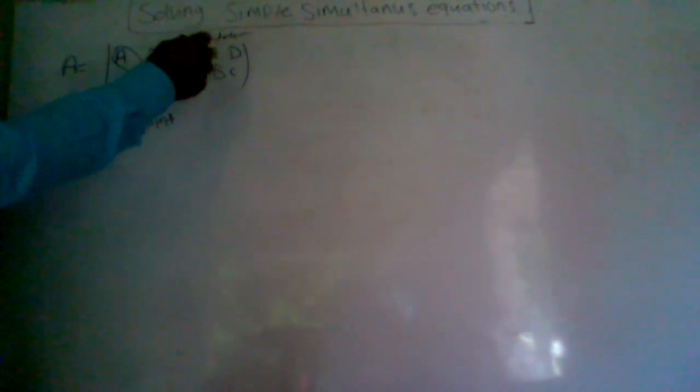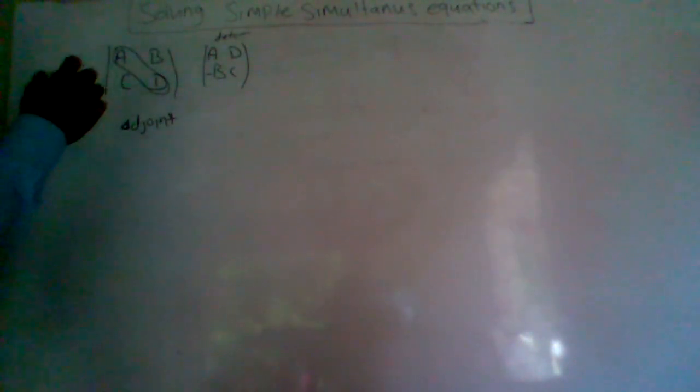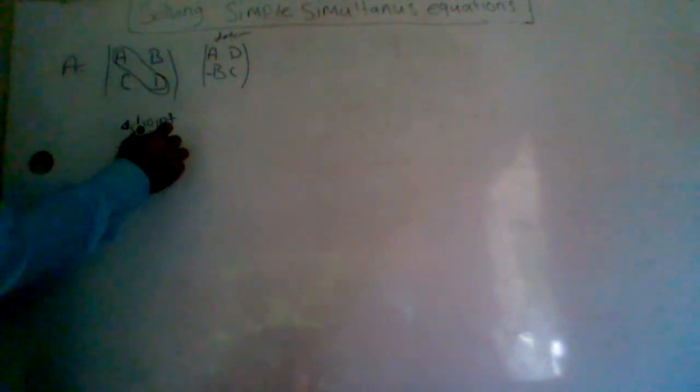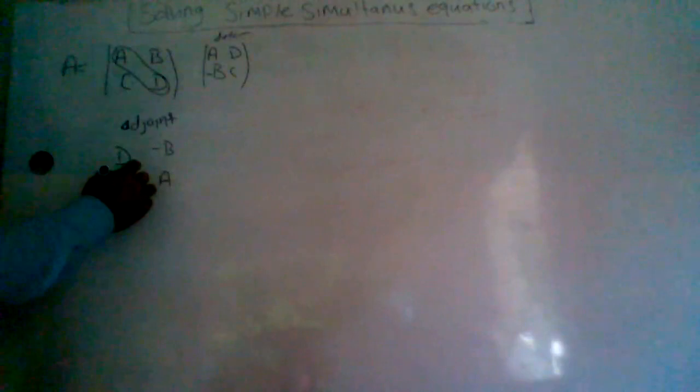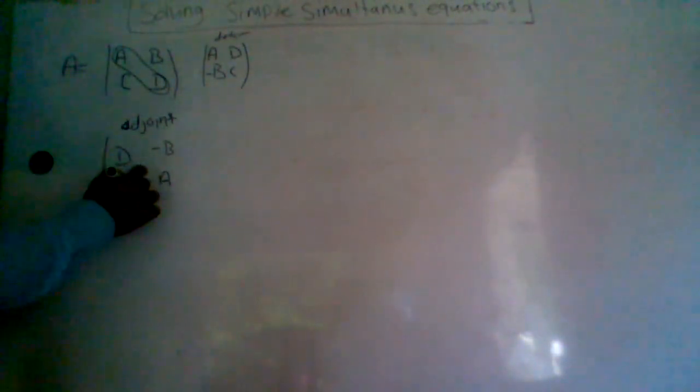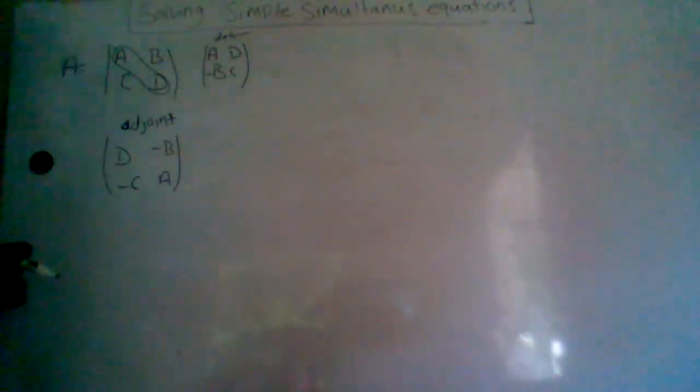Leading diagonal minus non-leading diagonal will be equal to determinant. But the adjoint now, you interchange the leading diagonal. Now you'll have D A, and you'll negate the non-leading diagonal. So you have minus B and minus C. Minus C, not minus 3. Minus C. So that will be the adjoint.